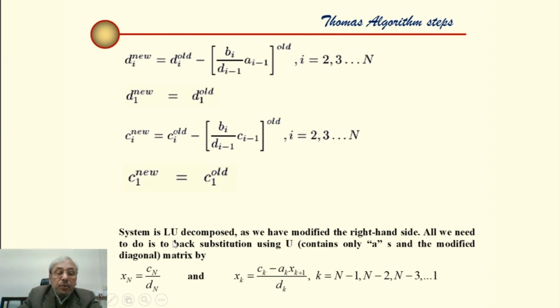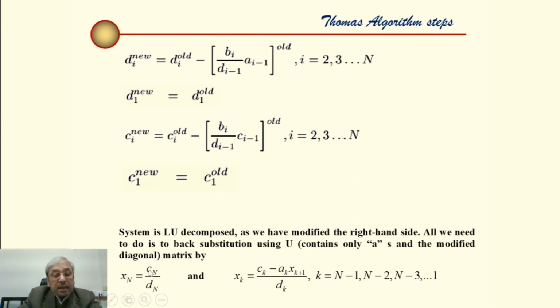All we need to do is back substitution using U, that means the upper triangular matrix containing only the a's and the modified diagonal, by xn equal to cn by dn for the last element, in the unknown column matrix x1 to xn.